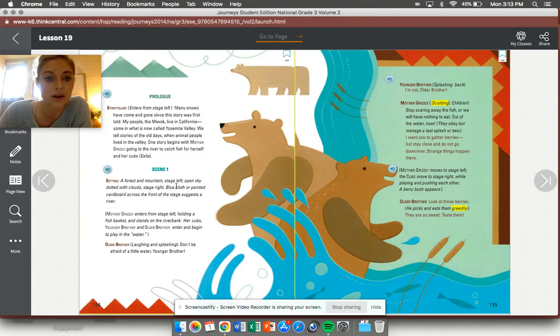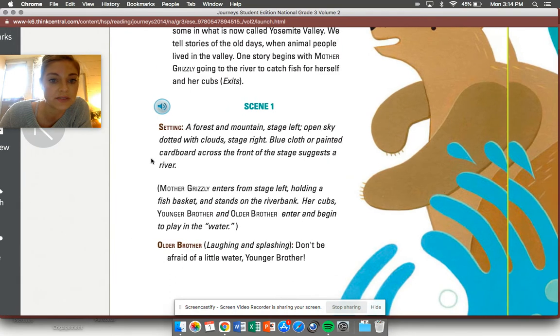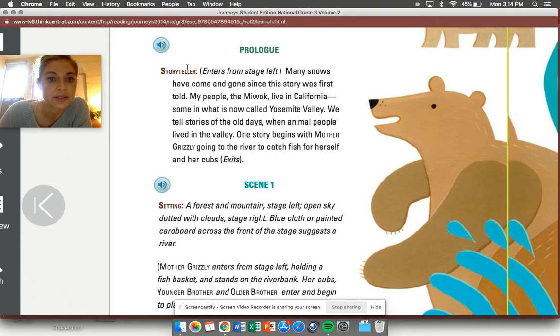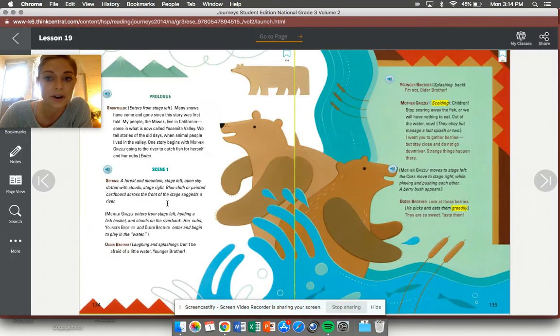So if we look here, and we look to see what the different characters are in scene 1. We have the storyteller, we have the older brother here, and we know who the characters are because they're in this brown here, okay? So we have the storyteller, who is the person who's telling the story. We have the older brother.